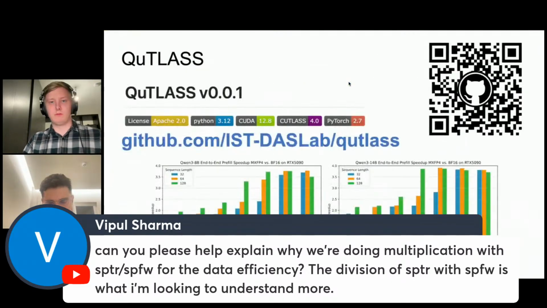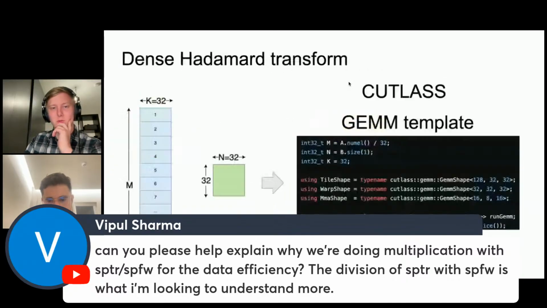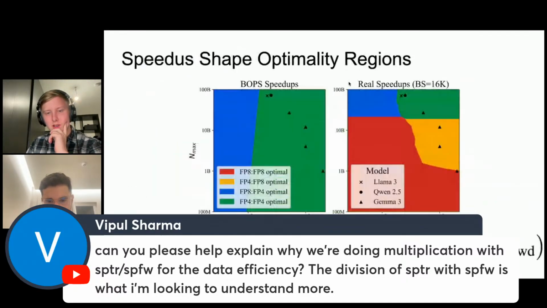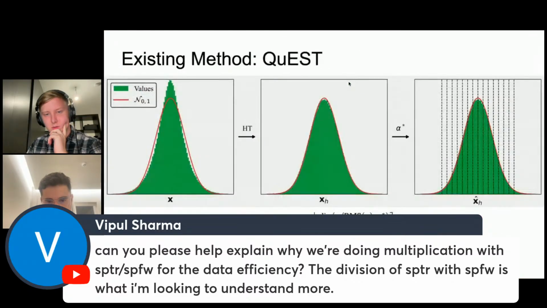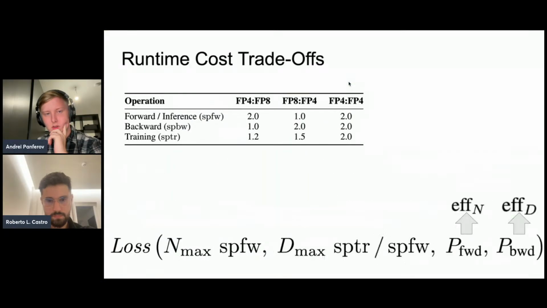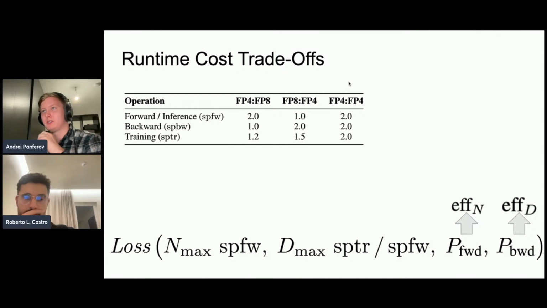Okay, so the easiest way you can see why this happens is, let me open this slide. Here. So yes, why we multiply by one and divide by the other. Imagine if both your training and inference speedups were 2x.